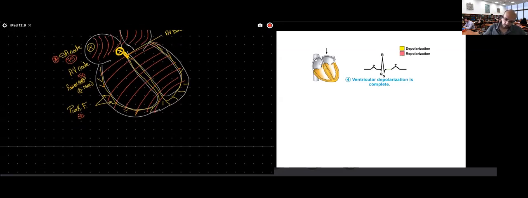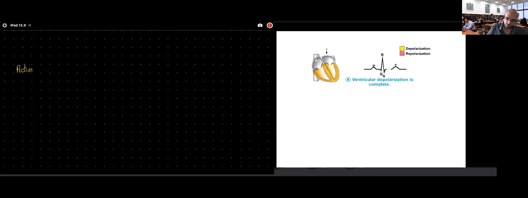So if you remember, what were the regular action potentials that we've studied back in the nervous system in AP1? An action potential starts with a depolarization phase.